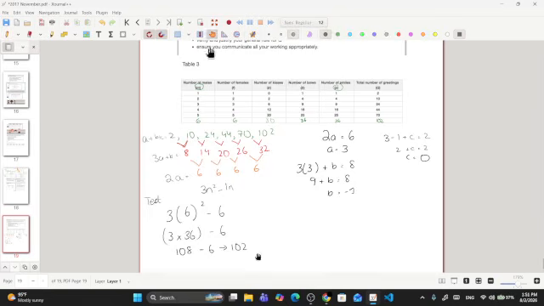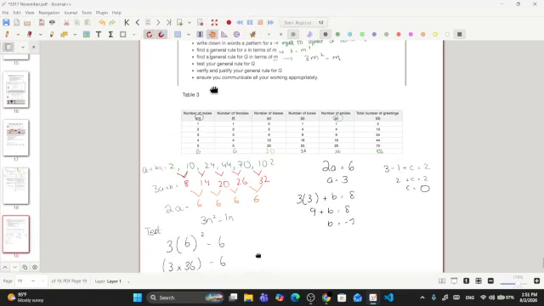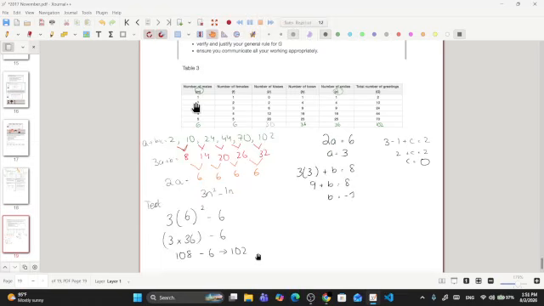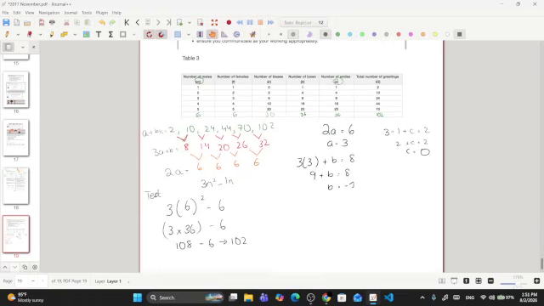Then it says verify and justify your general rule for G. So essentially speaking, that's not very difficult. In order to contextually justify this, I know that the female kiss was given an equation of f squared minus f, right?